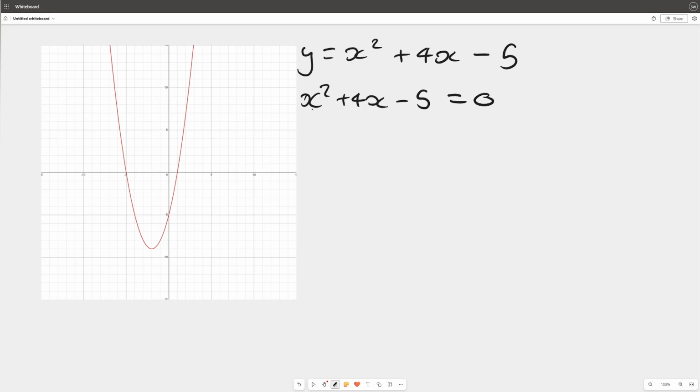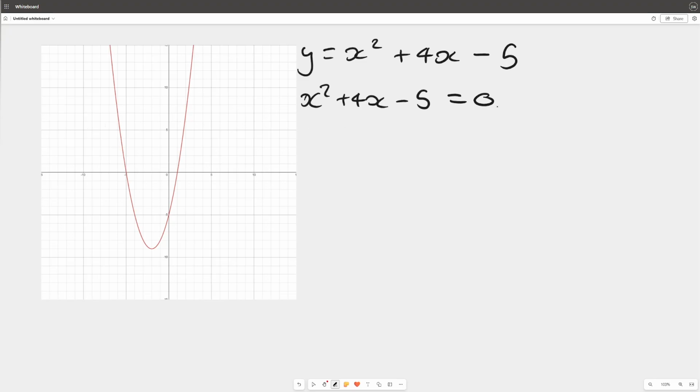So what does it mean then if this equation is equal to 0? Well, we're looking for where y is equal to 0. And y is equal to 0 on this graph on the x-axis. This line on the x-axis is exactly where y is equal to 0. If, say, this equation were equal to 5, you could draw a line at 5 and do the same thing.